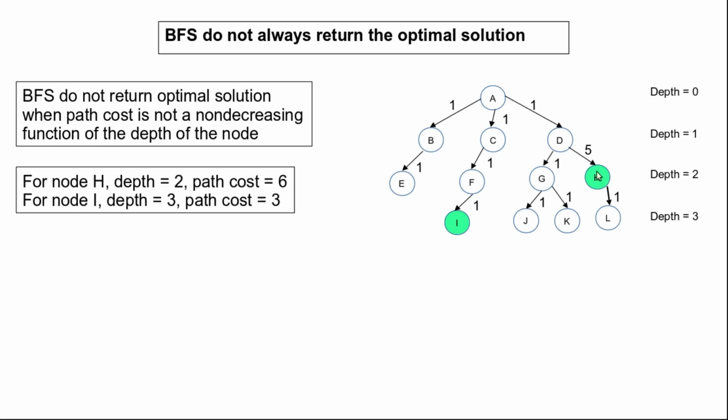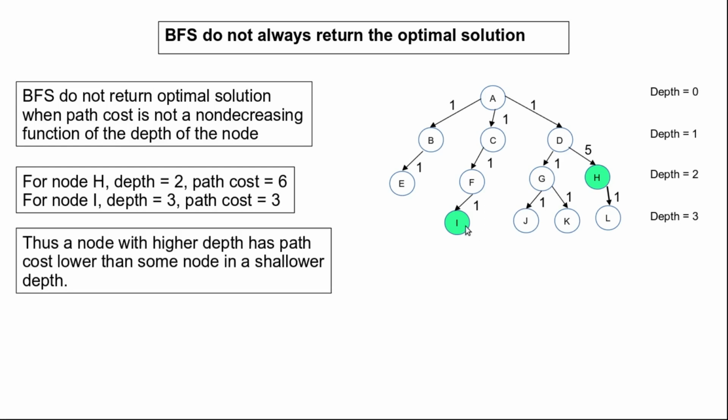Here H has a depth of 2, but it has a path cost of 6, whereas I has a depth of 3 and it has a path cost of 3. So here we have a node whose depth is more, but its path cost is less compared to another node whose depth is less compared to I. So in this case, we cannot say that as the depth is increasing, the path cost is non-decreasing.